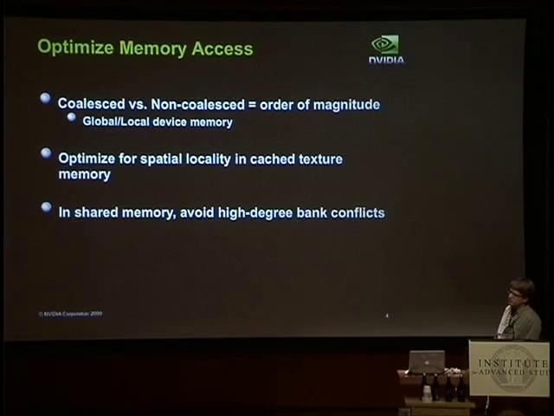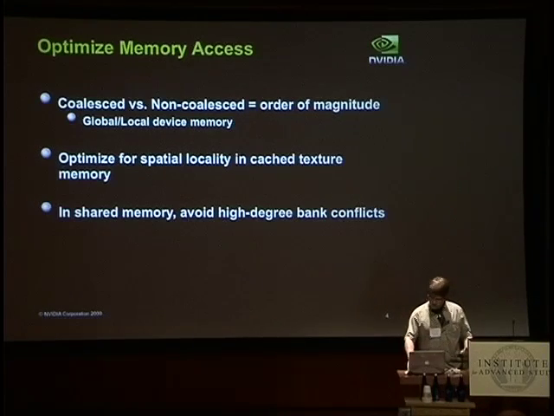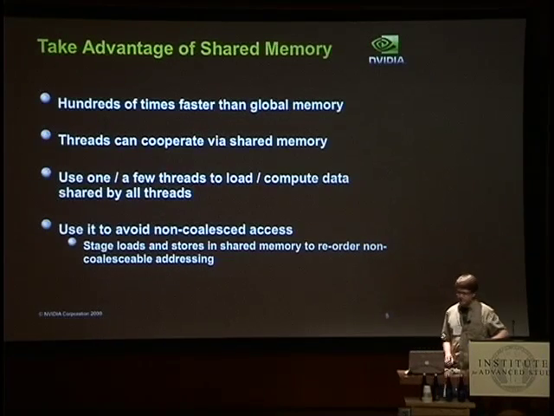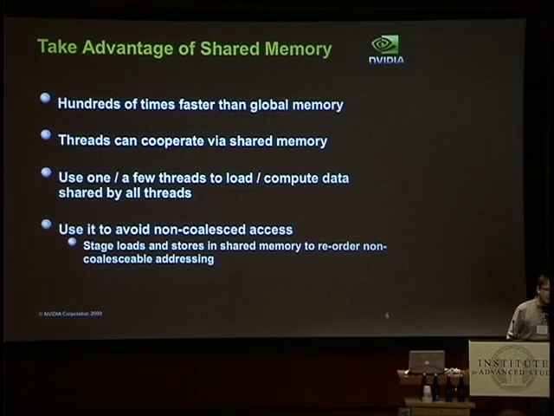If you want to access memory that's strided by 16s, you'll end up with conflicts. I'll show you what that means. So it's a strange thing. Okay, shared memory is small.